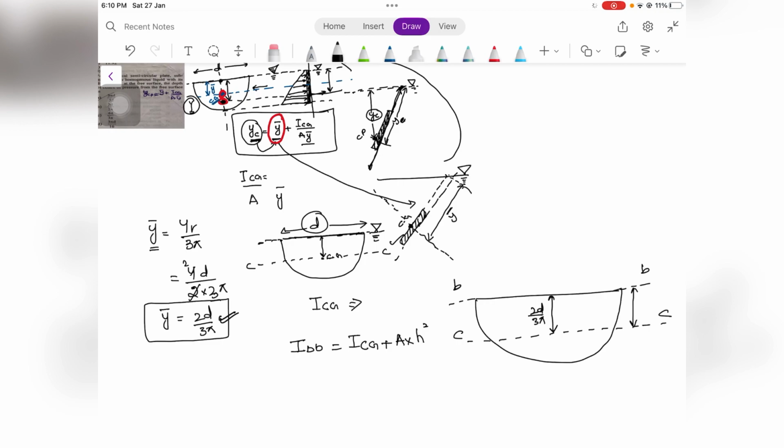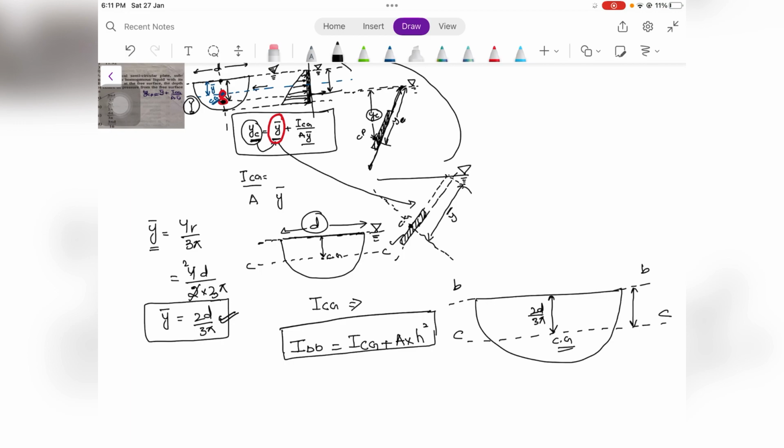So we have two axes, the axis BB and the axis CZ, which passes through the CG of the plate. So using the parallel axis theorem, the moment of inertia about B equals the moment of inertia about an axis passing through CG plus the area times square of the distance between the two axes.